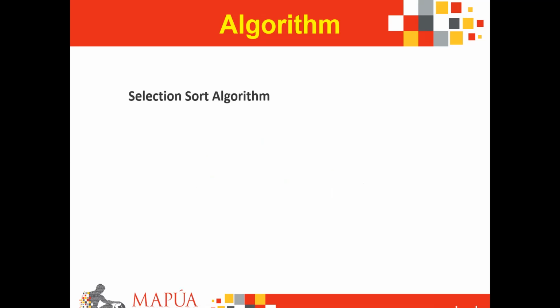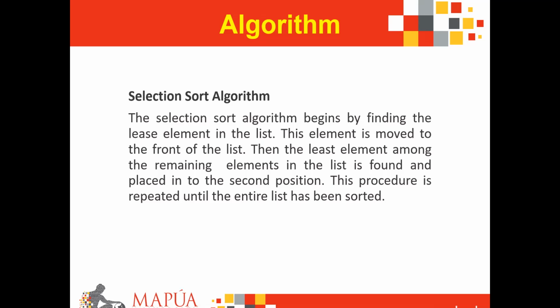Another sorting algorithm is known as the selection sort algorithm. The selection sort algorithm begins by looking at the least element in the list, and this element is then moved in front of the list.